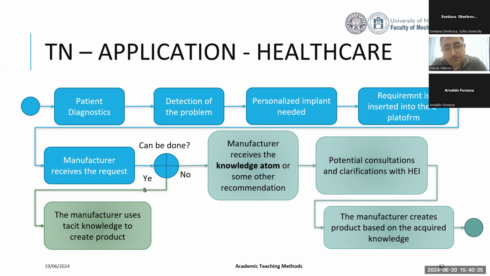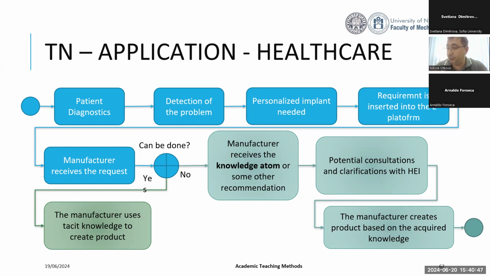For example, in clinics or in real life situations, it's the general rule that when you have a problem with a patient, you decide what the problem is. You do some diagnostic, and you know what you need to do.